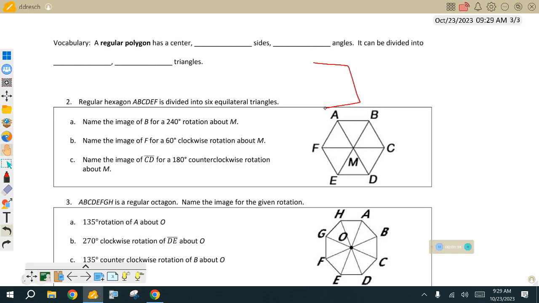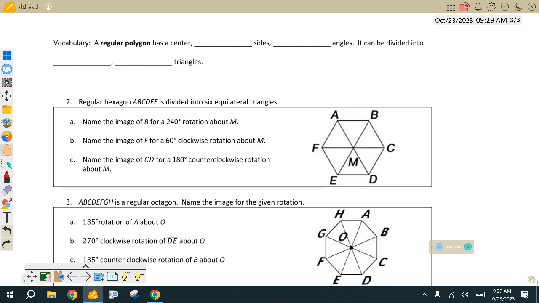But for the most part, we don't do much with those types of hexagons because there is not much we can do with an irregular hexagon. Where things happen most often is when it's nice looking. It's regular. So what we tend to work with on this page are regular polygons.